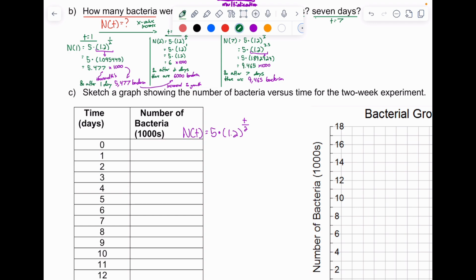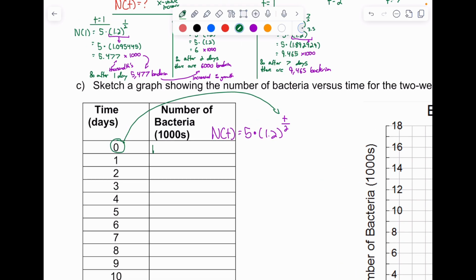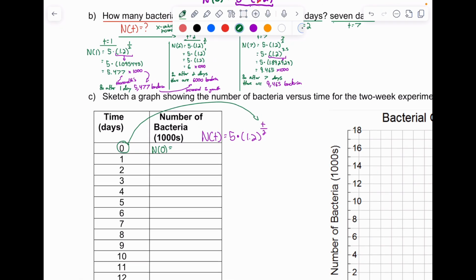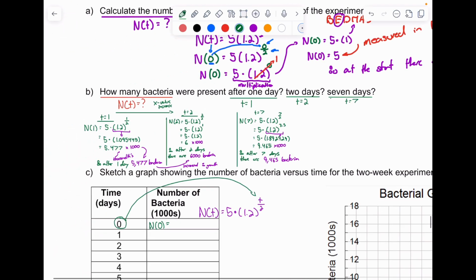So all you are doing is taking these x values and substituting them in for that t right there. So essentially you were evaluating n evaluated at 0. But we've already done n at 0. We did that right up here. That was the first one we did. So we found that to be 5.